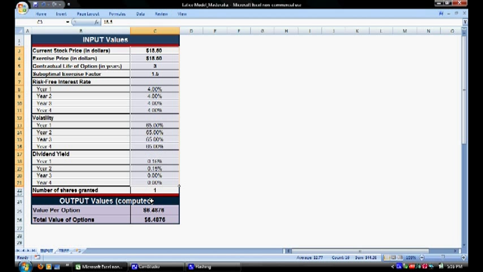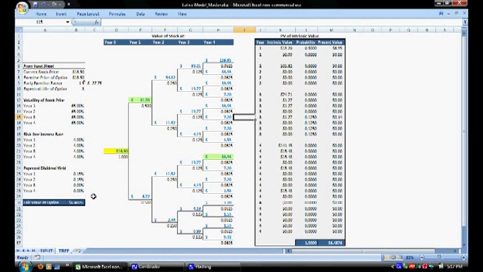For illustration purposes, we have input several hypothetical figures. At the bottom of the sheet, you will see the calculated fair value of the stock option, which is the output of the model. On a separate tab, we have laid out the Lattice stock price tree and the formulas necessary for calculating the fair value stock price given the inputs.